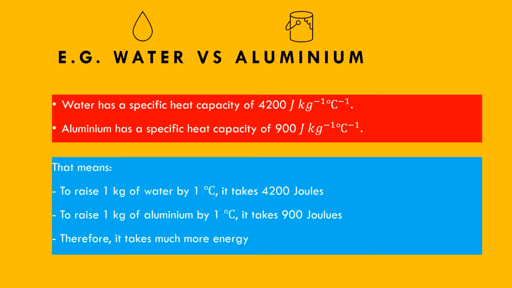What can we deduce from these data? To raise 1 kg of water by 1 degree Celsius, it takes 4200 joules. To raise 1 kg of aluminium by 1 degree Celsius, it takes 900 joules, and therefore it takes much more energy to raise the temperature of water, given the same mass and the same temperature to be raised.